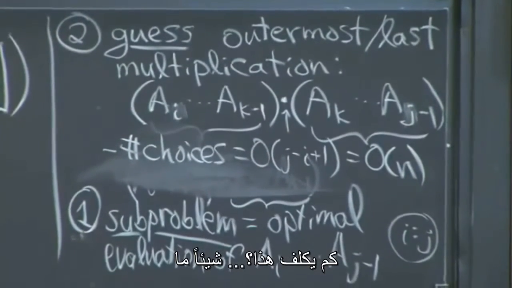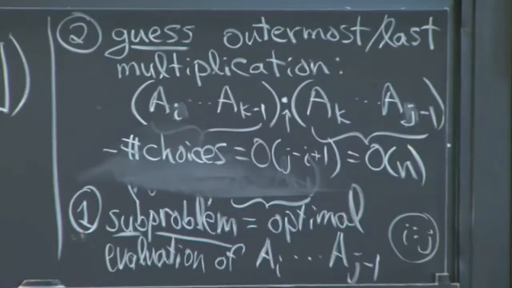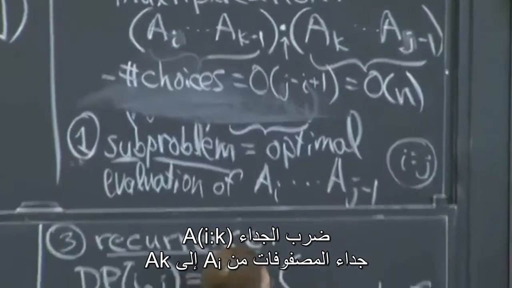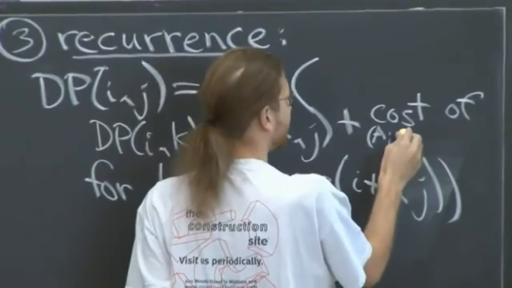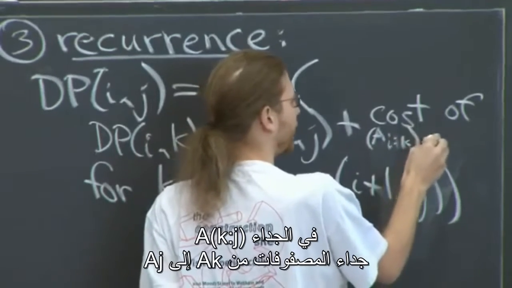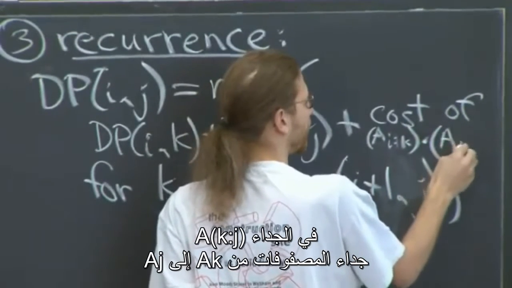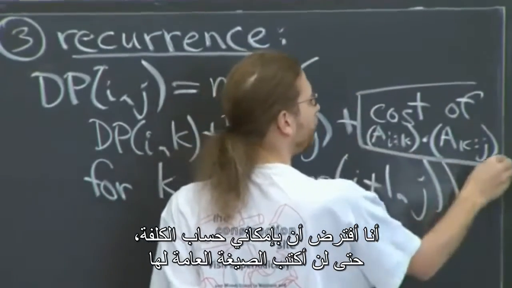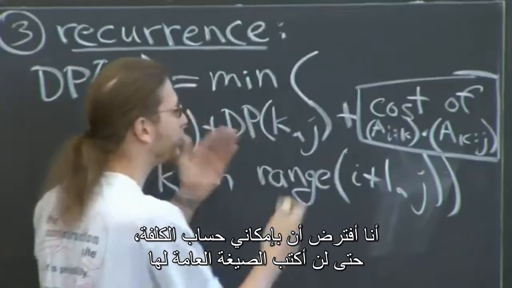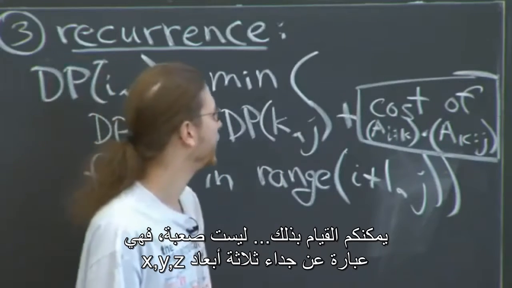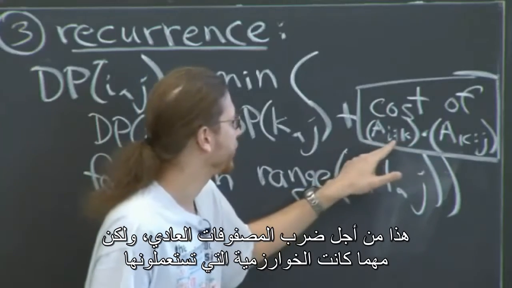Well, it's something. So cost of the product ai colon k times the product ak colon j. So I'm assuming I can compute this cost. I'm not even going to try to write down a general formula. You can do it. It's not hard. It's like x, y, z, for the standard matrix multiplication algorithm.